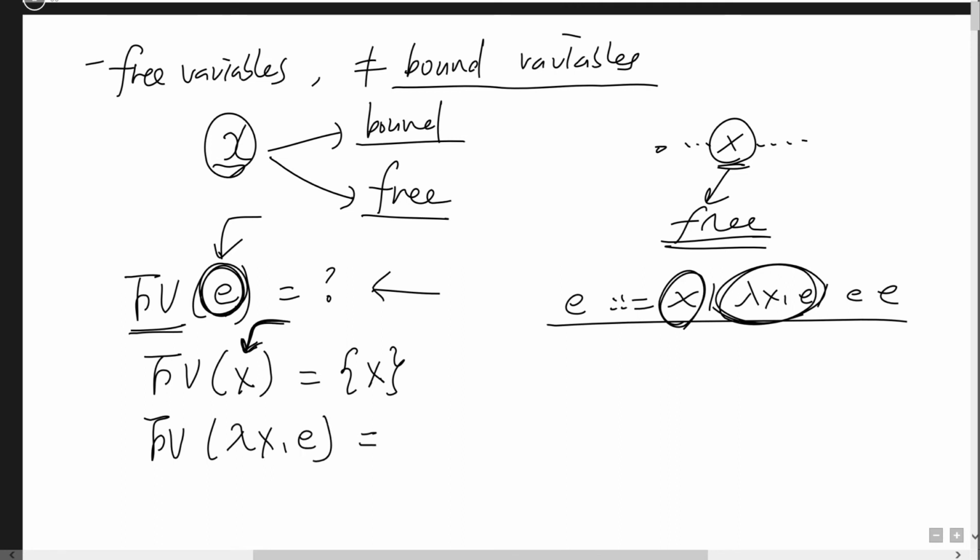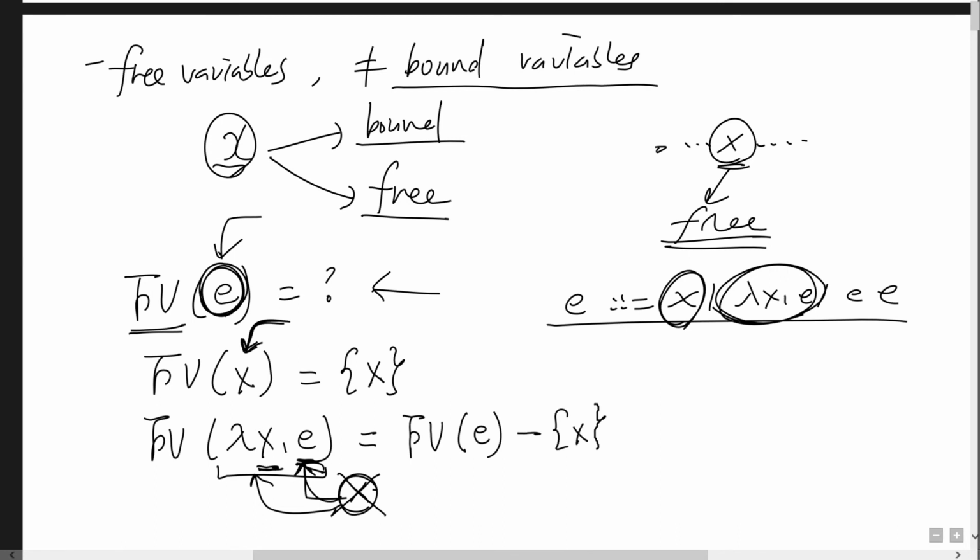E. Here, we first calculate the set of free variables in the expression E. And then we remove the variable x from the set, because if x is indeed a free variable in the expression E, it is going to be bound here. So x is actually not a free variable from the viewpoint of the whole lambda abstraction. So it is defined as the free variables of expression E minus this variable x.